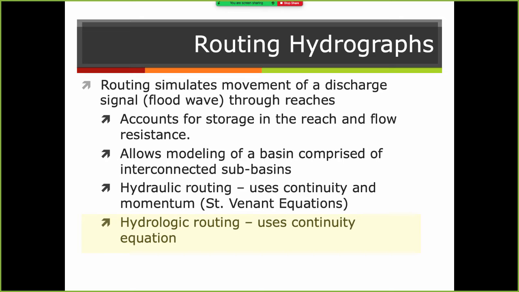Okay, that was a bad joke. Routing accounts for storage in the routing element and flow resistance, and it allows us to represent a watershed as being comprised of a collection of sub-watersheds that are interconnected through their routing elements.